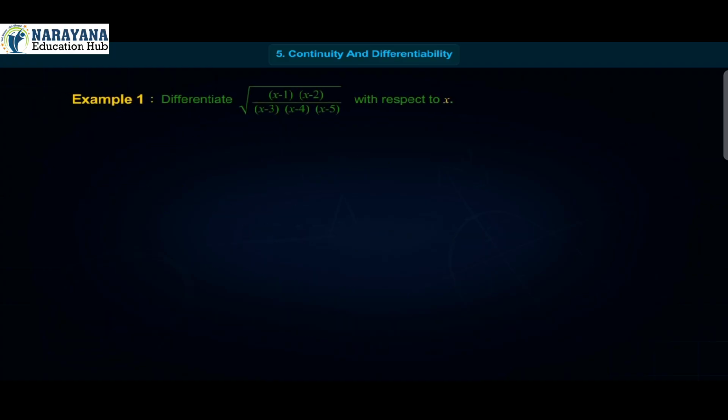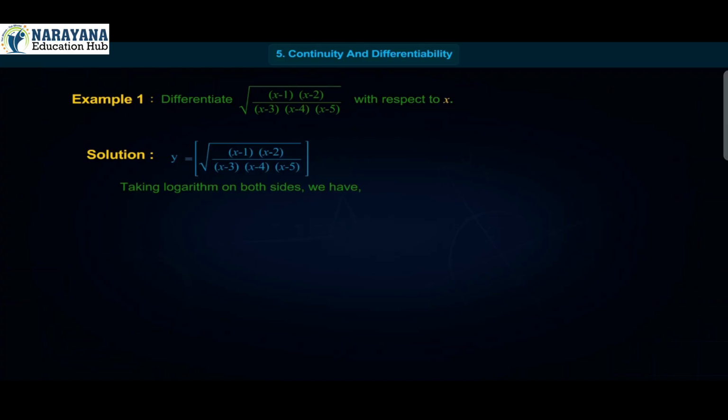Example 1. Differentiate square root of (x minus 1)(x minus 2) upon (x minus 3)(x minus 4)(x minus 5) with respect to x. Solution: y is equal to square root of (x minus 1)(x minus 2) upon (x minus 3)(x minus 4)(x minus 5).